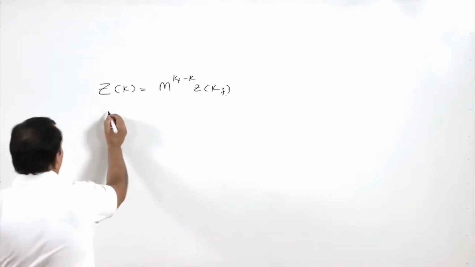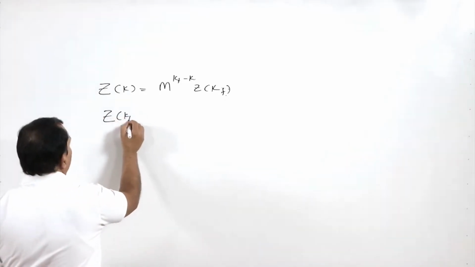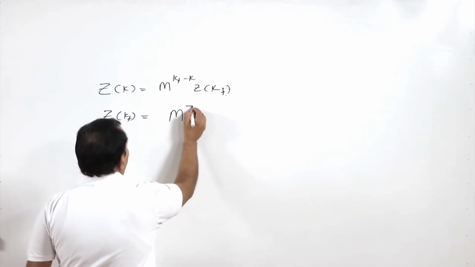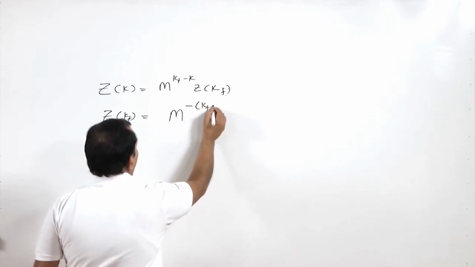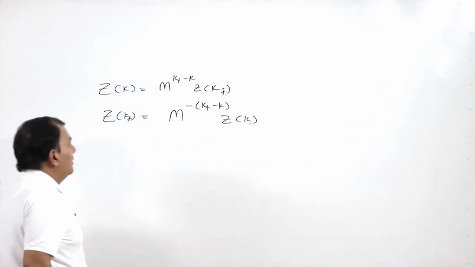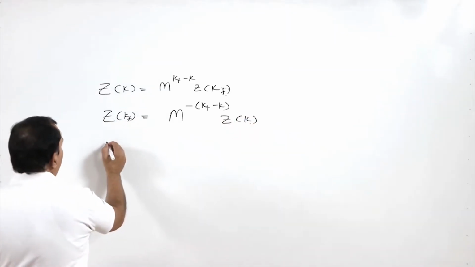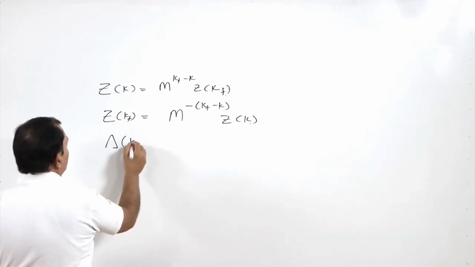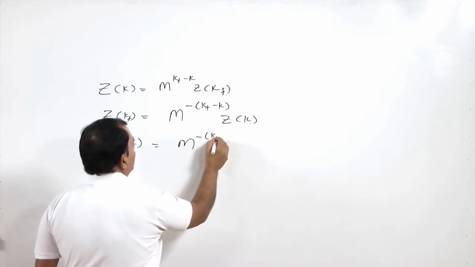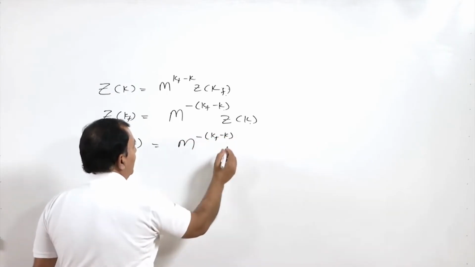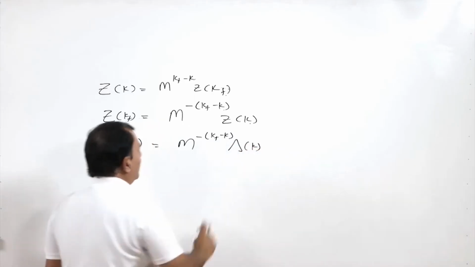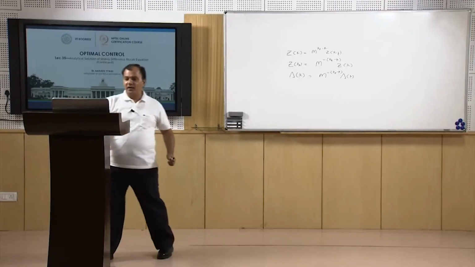So, z(kf) I am representing simply as m to the power minus (kf minus k) z(k), while my second equation is in del(k), which already is m to the power minus (kf minus k) del(k). This we are getting from the second equation.